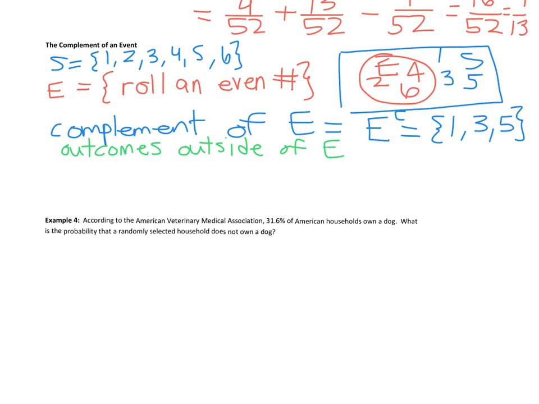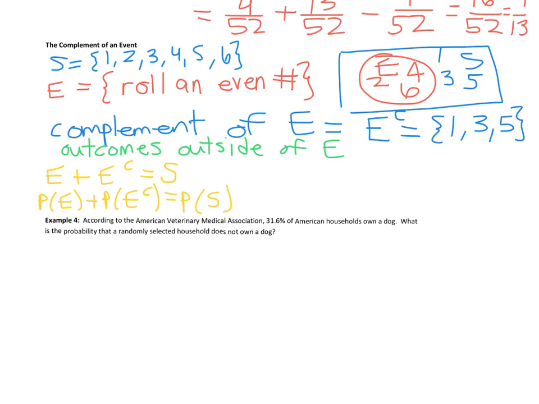Okay, and then this is why complements are important for us. The event E plus the complement makes up the whole sample space, right? And so if we were to look at these probabilities, probability of E plus probability of its complement, it's also going to be equal to the probability of getting something in the sample space.